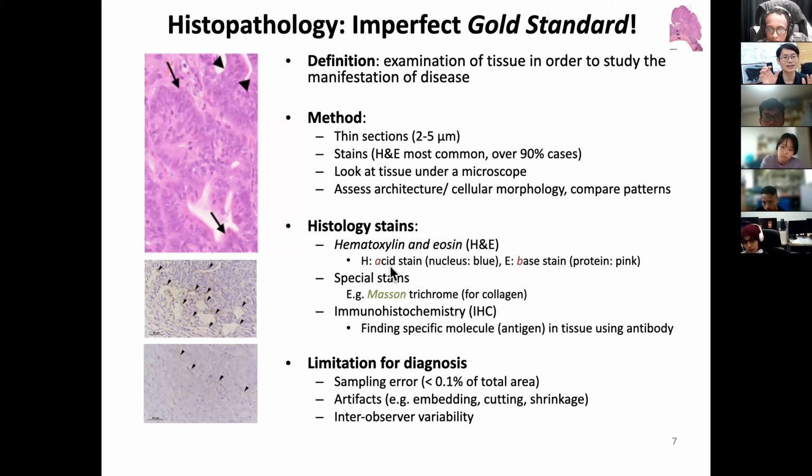You know, DNA is deoxynucleic acid, okay? An acid stain, and that makes it blue. It doesn't look very blue depending on the color, but it's bluish, and so it's darker for the nucleus, while E is a base stain, which usually stains protein, extracellular matrix, whatever is the non-DNA part, pinkish, right?